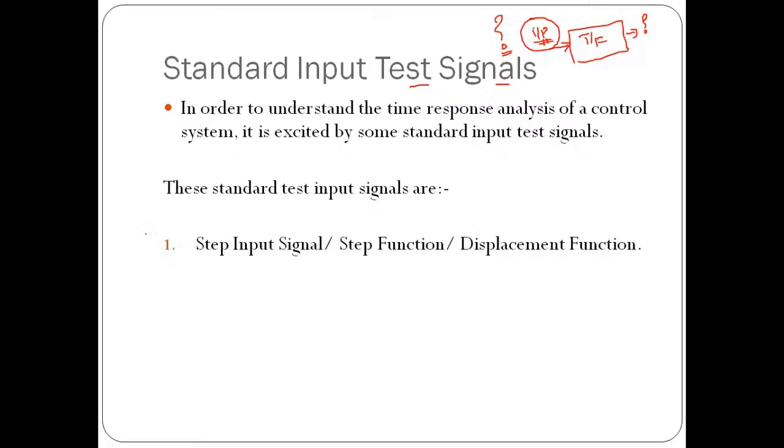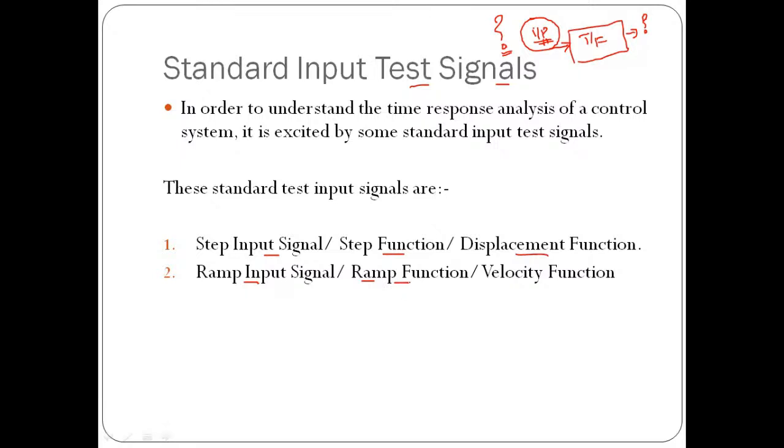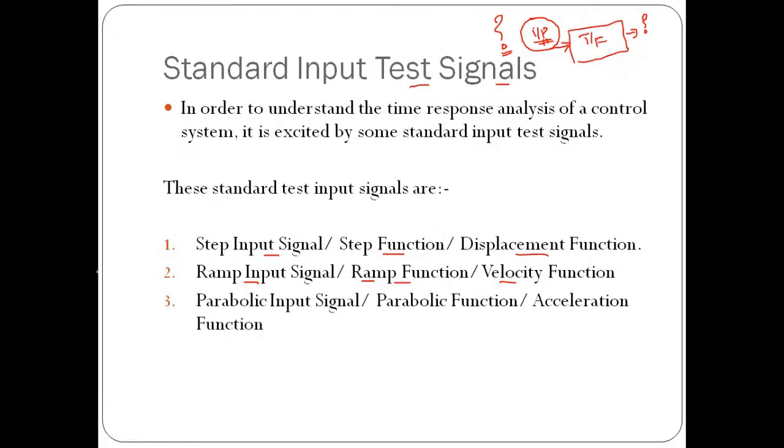Sometimes this step input signal is also called step function or displacement function. Then second one is the ramp input signal, also called ramp function or velocity function. Then third one is the parabolic input signal or parabolic function. Sometimes this signal is also called acceleration function. And fourth one is called the impulse input signal.